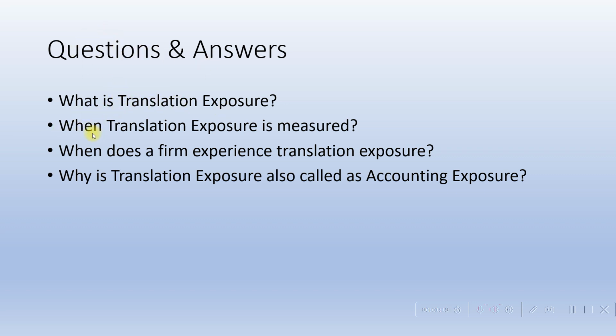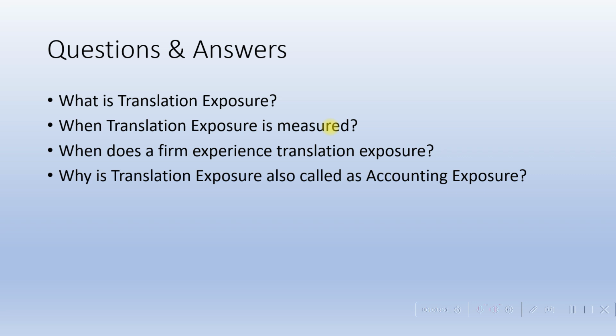Now let us see when translation exposure is measured. Translation exposure of a group is measured when translating the financial statements of its foreign subsidiary into local currency or reporting currency for reporting purposes. It is highly indicative of the possibility of gains or losses as a result of the translations that are effective for converting, as per an exchange rate, the foreign operations of a group.